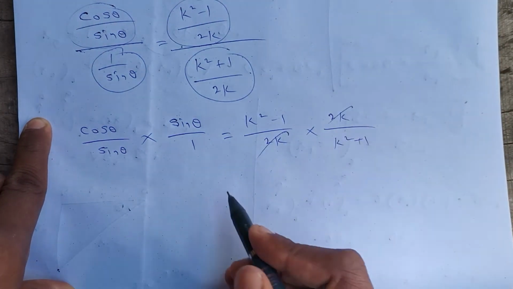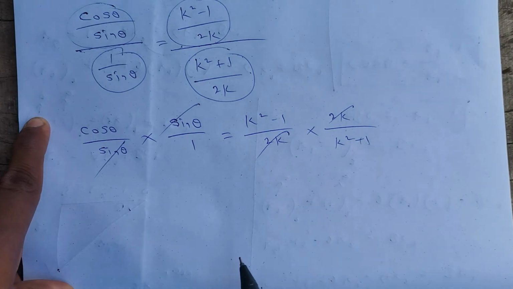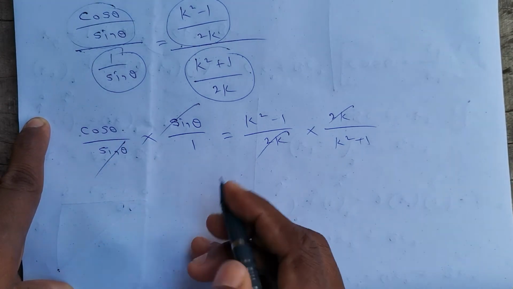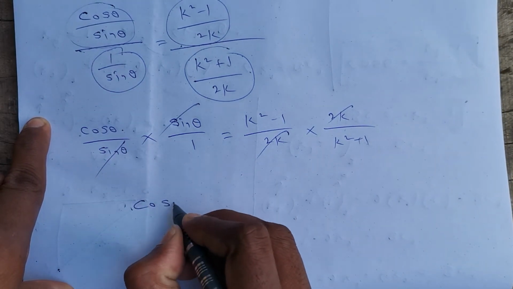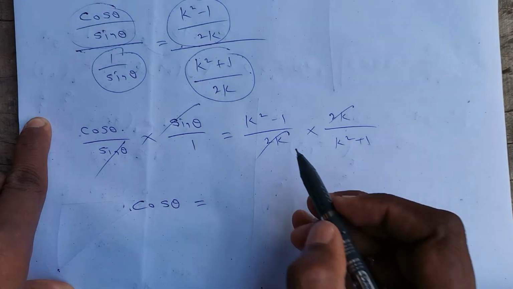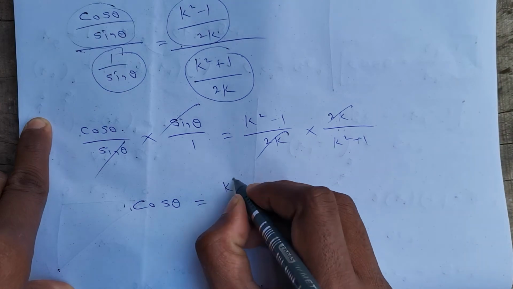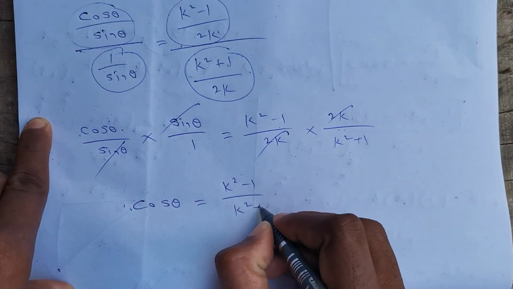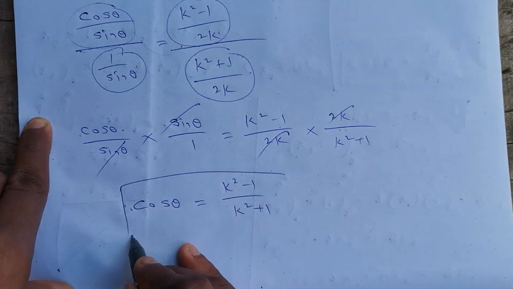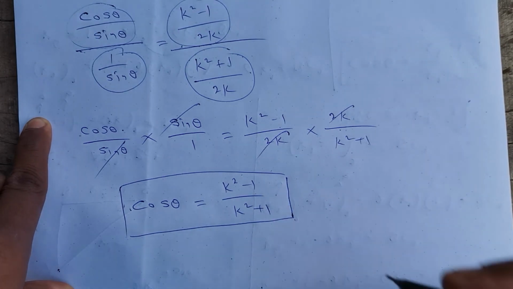Here 2k cancel, here sin theta cancel. So we remain with cos theta by 1. Cos theta by 1 is nothing but cos theta is equals to k square minus 1 divided by k square plus 1. So cos theta value is k square minus 1 by k square plus 1, hence proved.